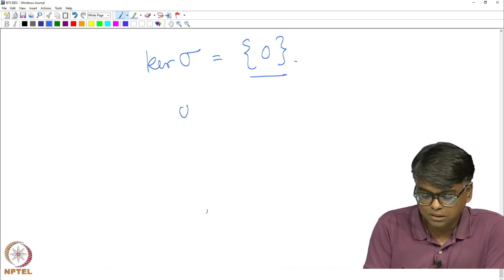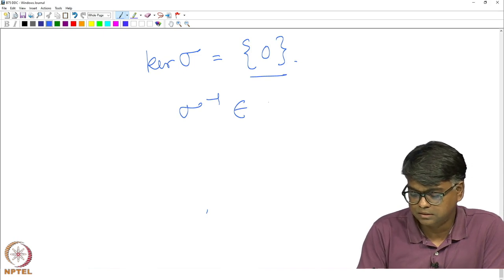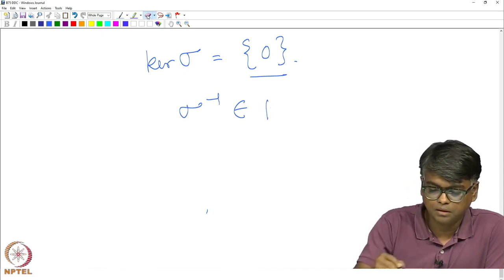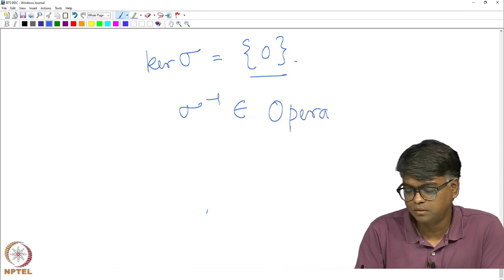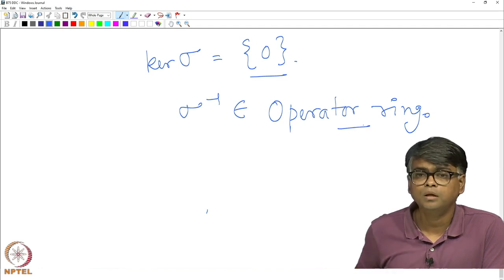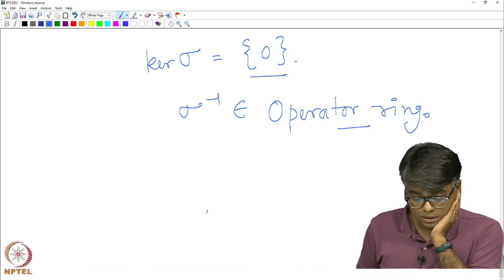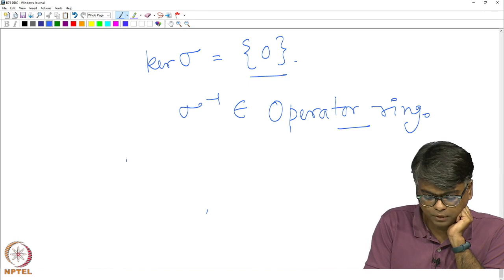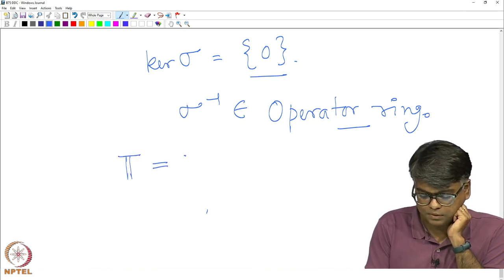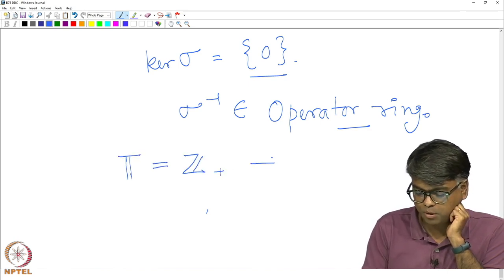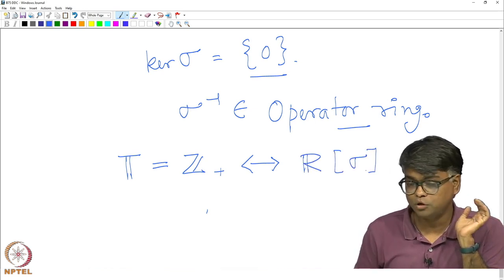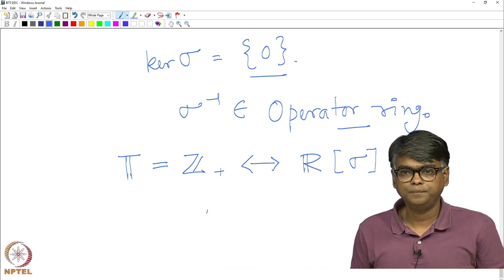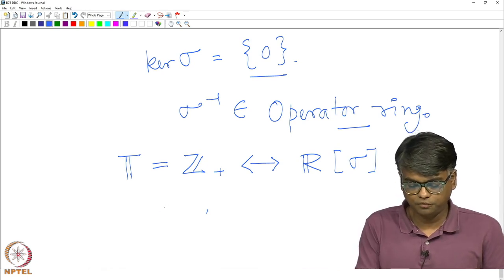So, that is why sigma inverse exists in this polynomial ring, in this operator ring. All right. So, in this situation, what does this mean? This means that whenever we have T equal to Z plus, the corresponding operator ring would be R sigma, that is all polynomials in sigma, the left shift operator sigma.